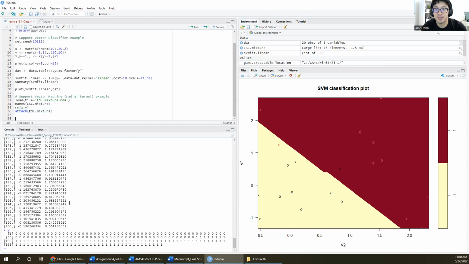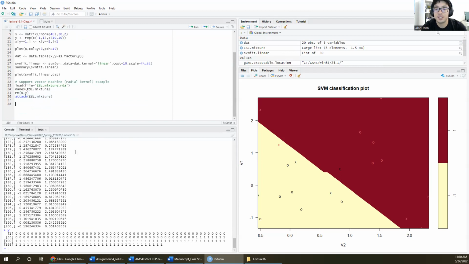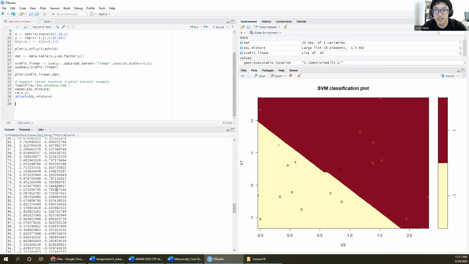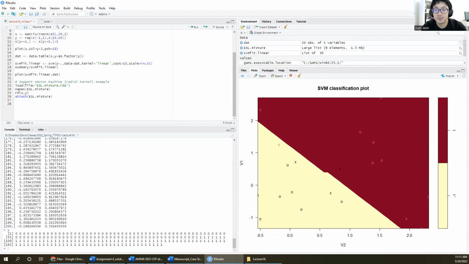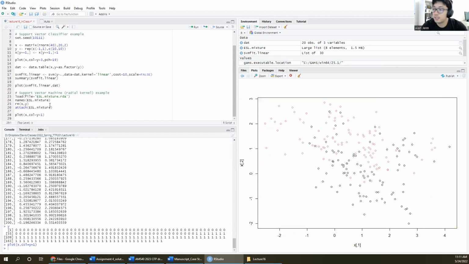So now these are different from what they were before. And we can see what the x's and y's look like. Okay, so we have a much more complex set of points.